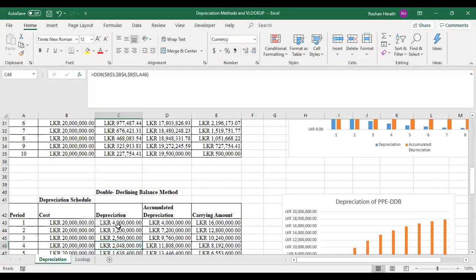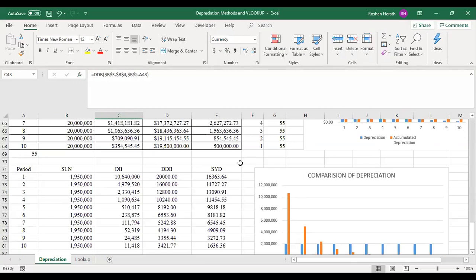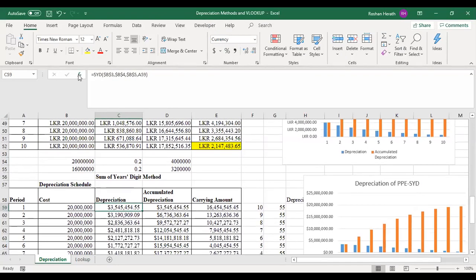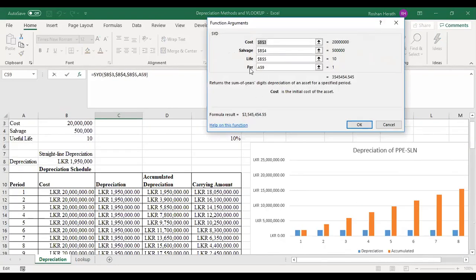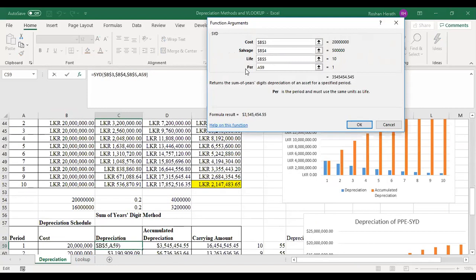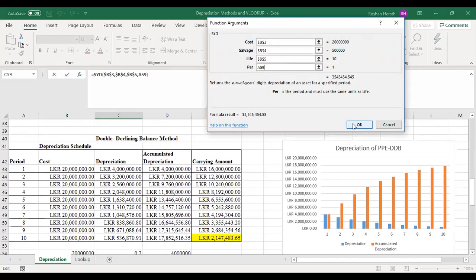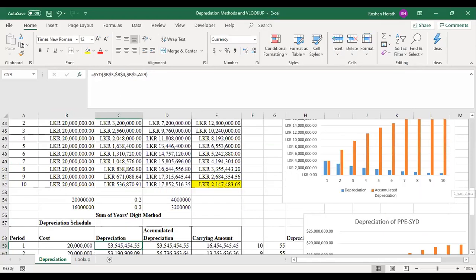But in this particular depreciation method, the sum of year digit method, the period is simply known as PER. But still, it is period, right? Once you feed the information, it would simply give you the answer.